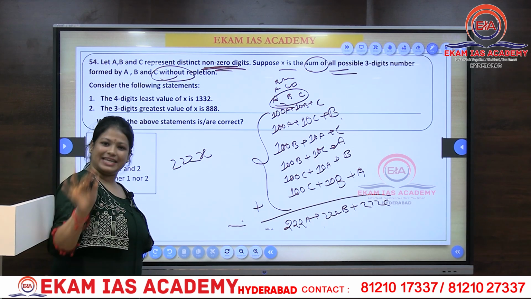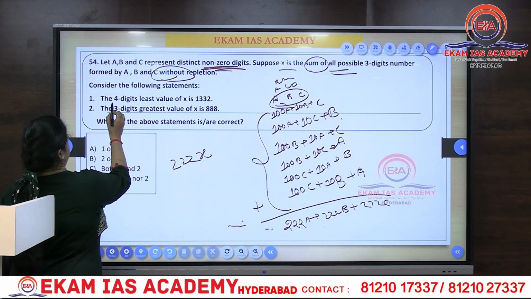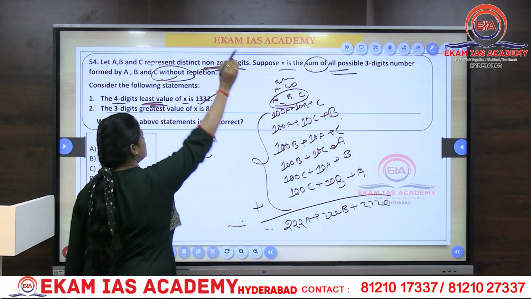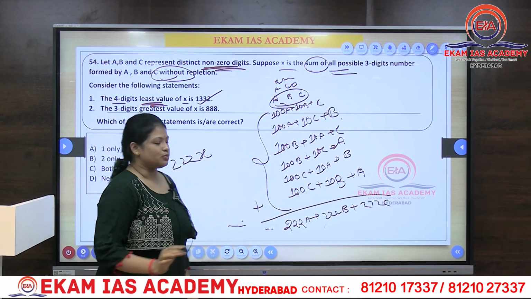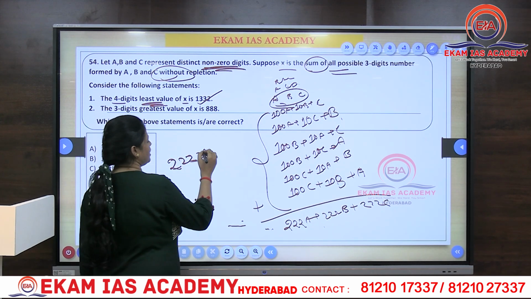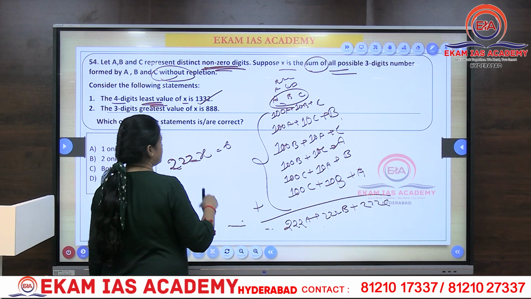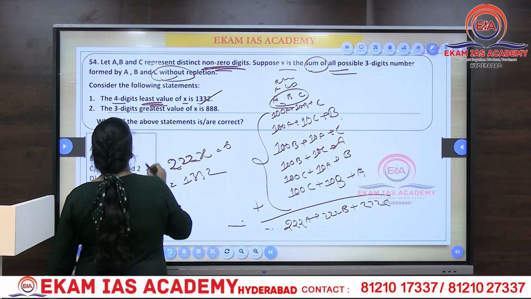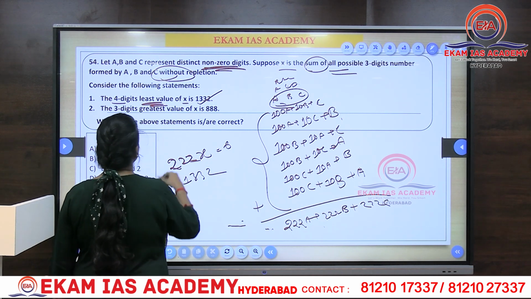Okay, now going to the statements. The first statement: the 4-digit least value of X is 1332. We'll get the least value of X at 6, that is 1332. Right answer.